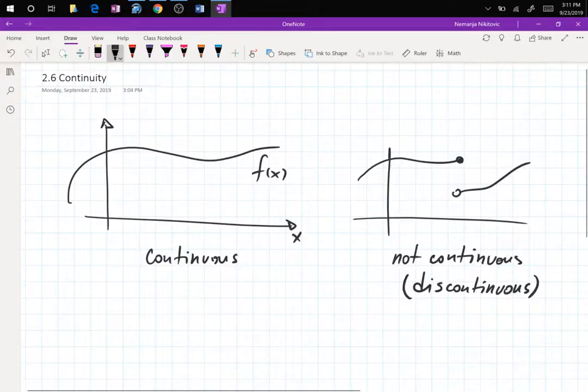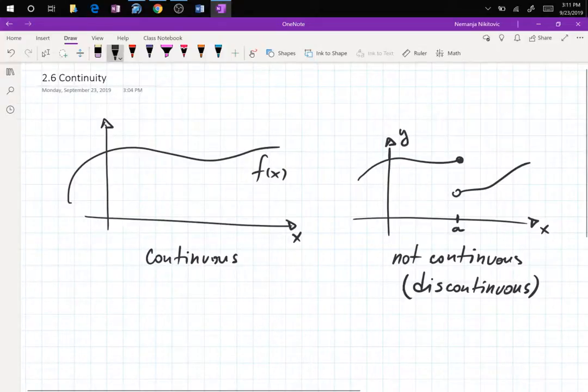And there will be a point a on the x-axis where that discontinuity happens. So we will be able to locate that value and say the function is broken, discontinuous, at that point.